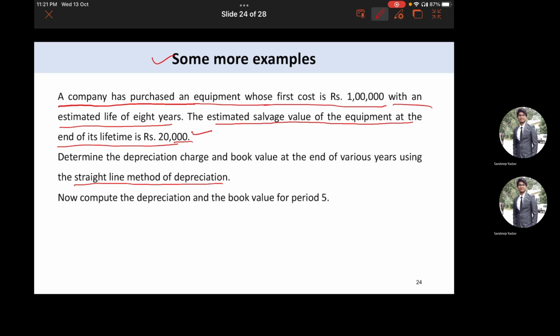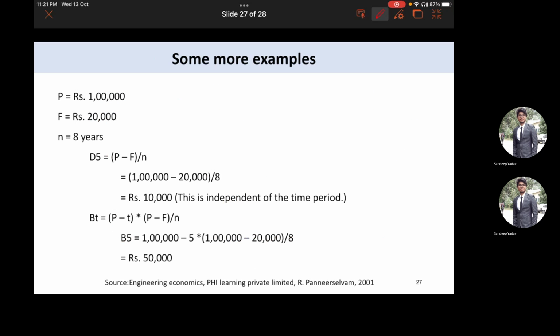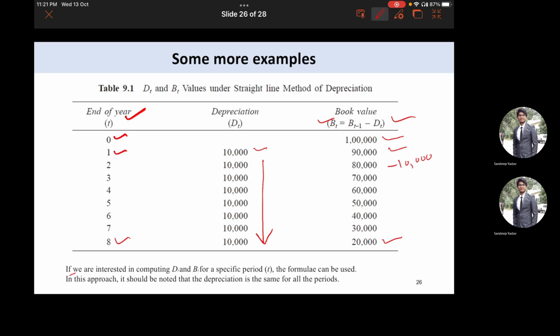Now we have to compute the depreciation and the book value for period 5. If we are interested in computing DT and BT for a specific period, here period 5, the formula can be used in this approach.